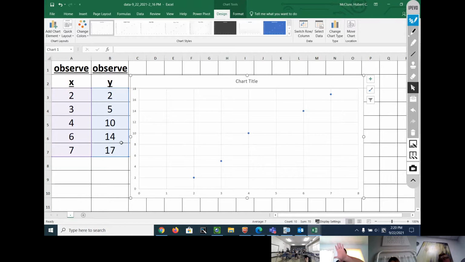Those are 5 individual points that you have plotted on a graph. Does everybody understand that? They're like observed. There's nothing going on. You just wrote down the data and you put it on the chart.